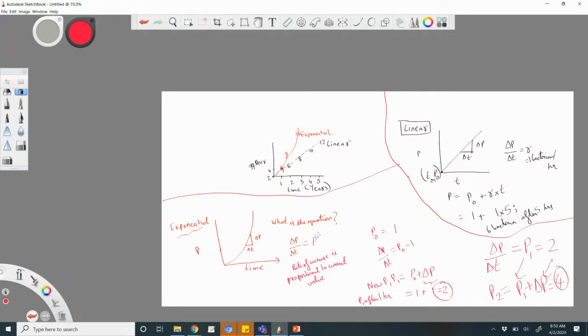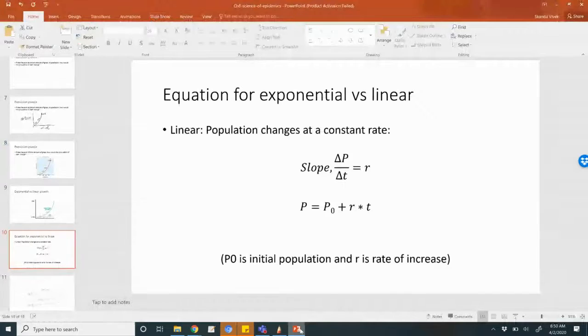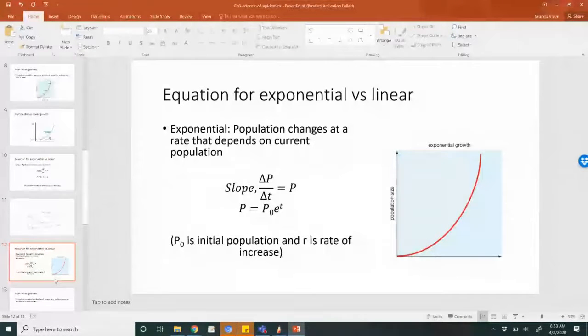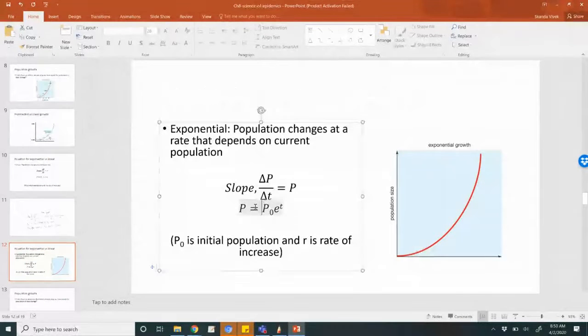So the exponential growth formula for this is P2 plus delta P, or I'm confused. So in general, if you keep doing that, what you find is that the exponential formula goes as this. This is the exponential formula.